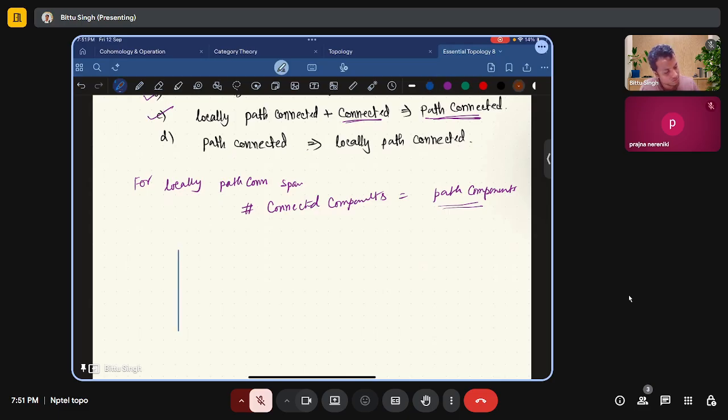This is the topologist's sine curve. This is actually connected, but not locally connected, right?